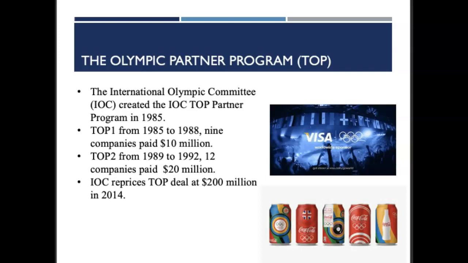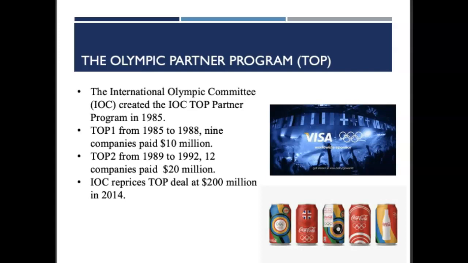The first program ran from 1985 to 1988. It gave international businesses the opportunity to sponsor the IOC for 4 years. That includes 2 Olympics, right? One Summer Olympics and one Winter Olympic Games. So they sell the sponsorship for 4 years.